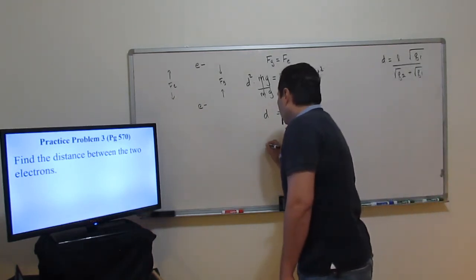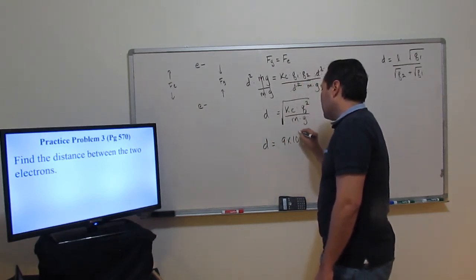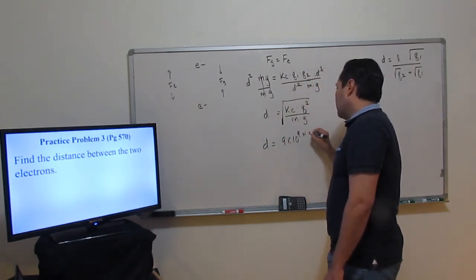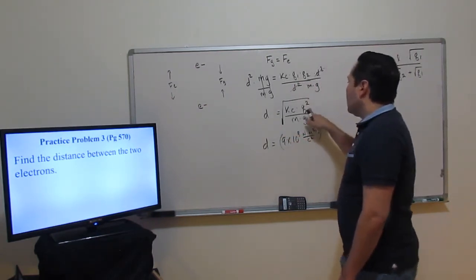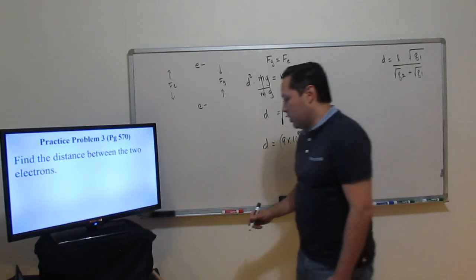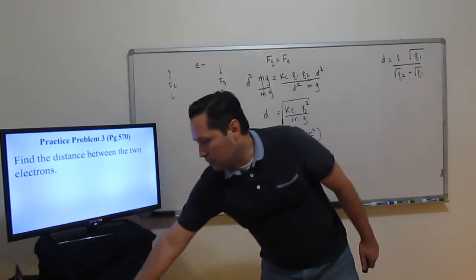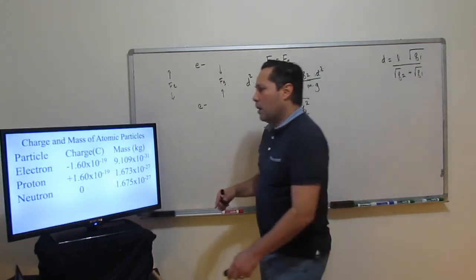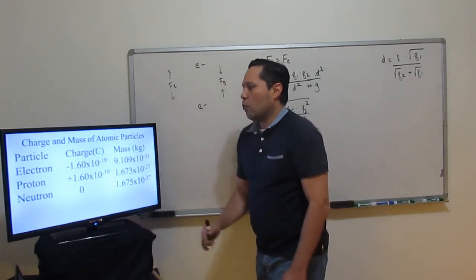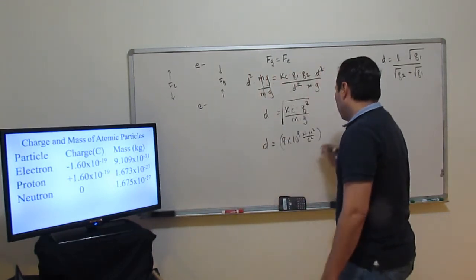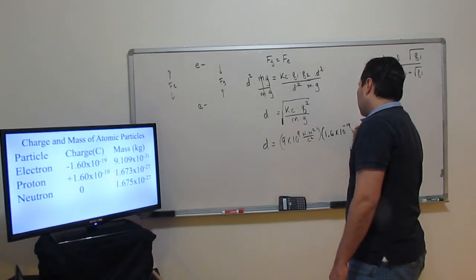Alright, so d is going to be the constant, 9 times 10 to the 9 newtons times meters squared over coulomb squared. Q, the charge of an electron, was given to us in a previous slide. The charge of an electron is 1.6 times 10 to the negative 19, so I'm going to put 1.6 times 10 to the negative 19 coulombs.